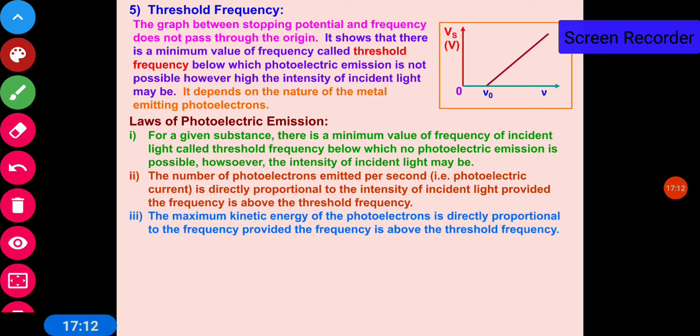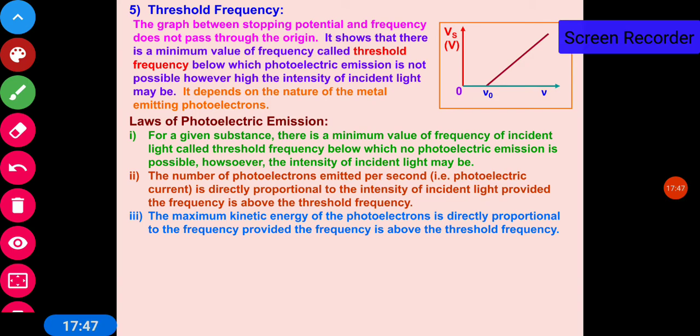The maximum kinetic energy of the photoelectrons is directly proportional to the frequency, provided the frequency is above the threshold frequency. So whatever is the energy of the photon, part of the energy is used to eject the electron and the rest of the energy is provided to the electron as its kinetic energy. So the more the energy of the photon, the more will be the kinetic energy, because the work function is fixed for a particular metal.